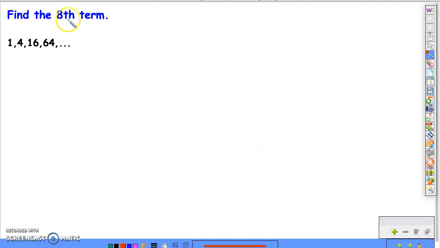All right, now we're getting into geometric terms, or geometric series and sequence. We can tell that because we're multiplying by 4 each time. So when we're finding a geometric term, our equation is a sub n equals a1 times r to the n minus 1.